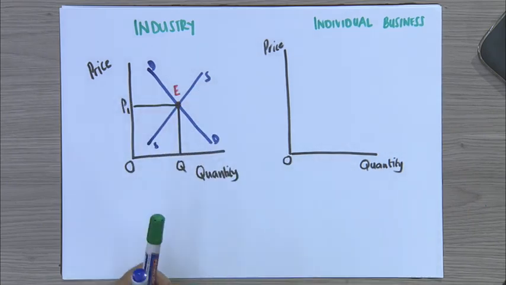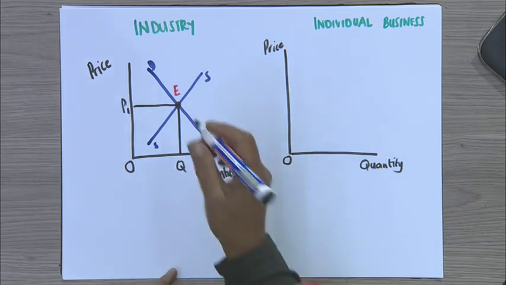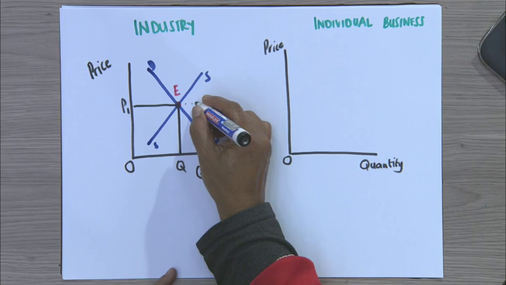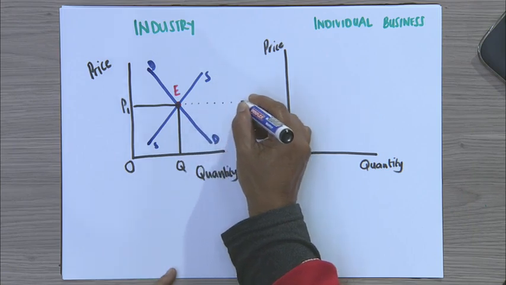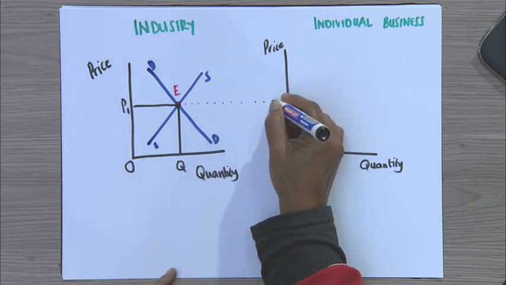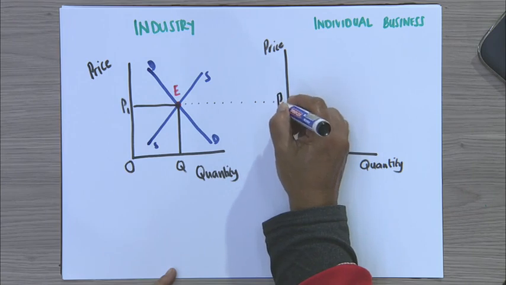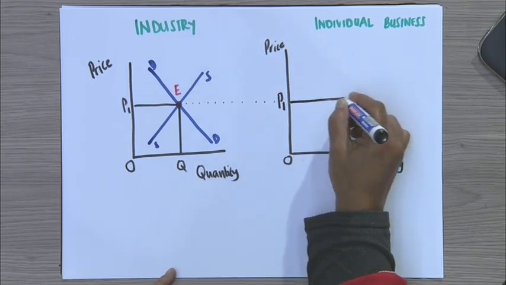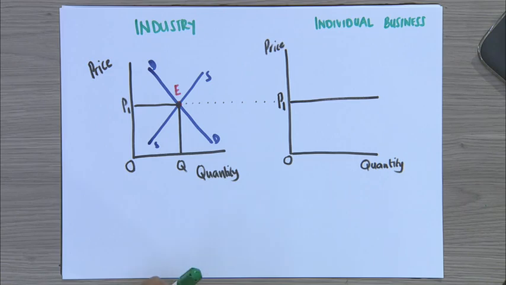So let's call it P1. So that is the price that the business has to take. So in line with that, that's where my business has to set its price.